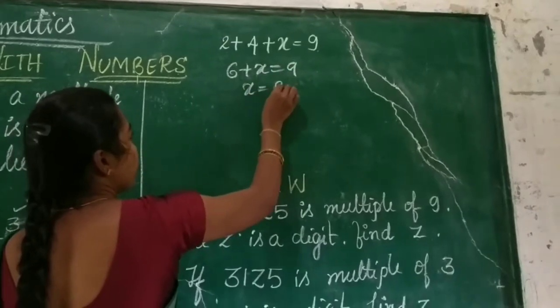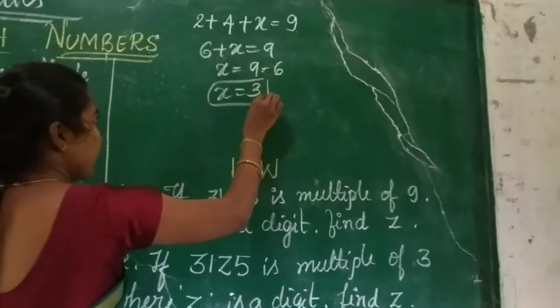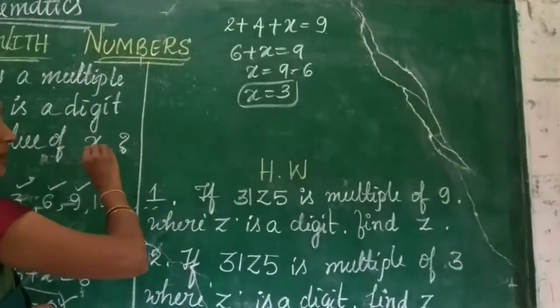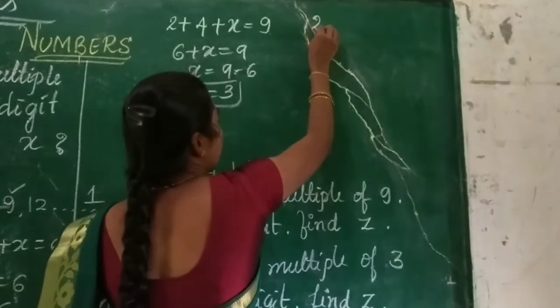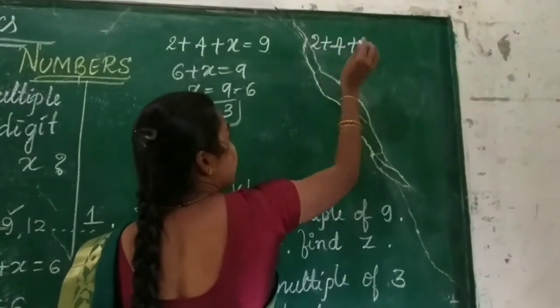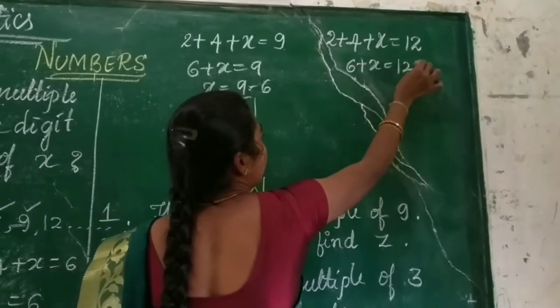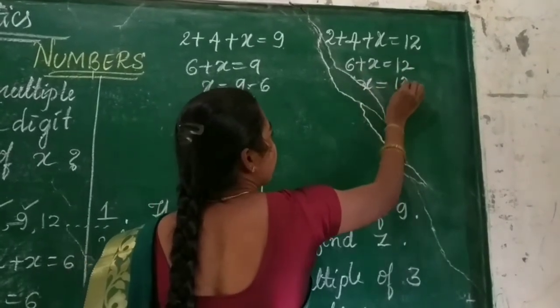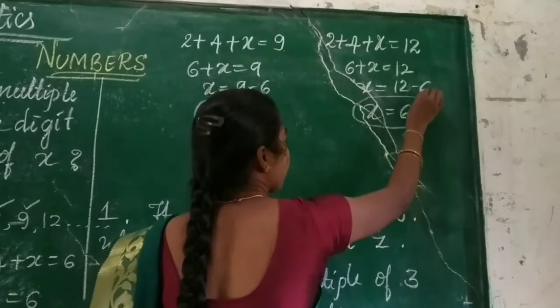Now the x value will become 3. Another one, the x value is 3. Now next take the sum as 12. 2 plus 4 becomes 6, plus x is equal to 12. X value becomes 12 minus 6. X is equal to 6.